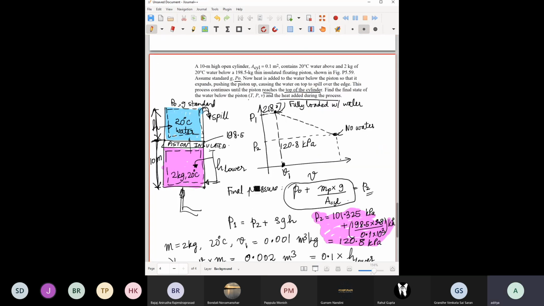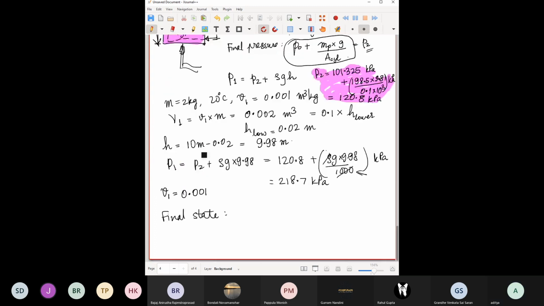What is going on in the final state? The pressure is reducing. Why is the pressure reducing? Because the piston is going up, the water is spilling, but the total mass inside is still constant. It means the mass is constant, that is 2 kilogram.